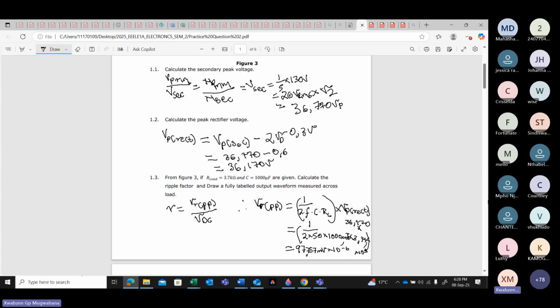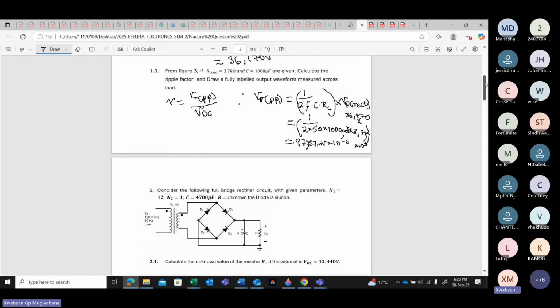From there, now I need to calculate what is my VDC. For you to calculate VDC, I should have left enough space, but that's not a problem.